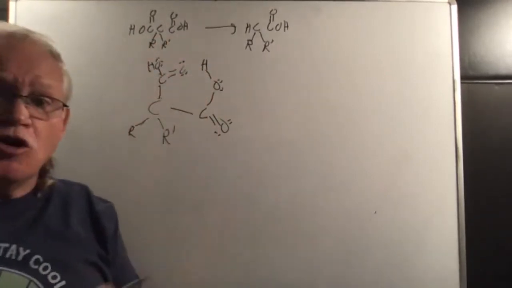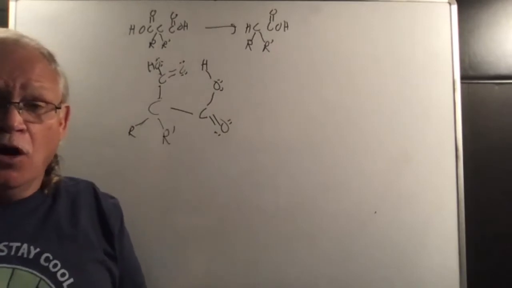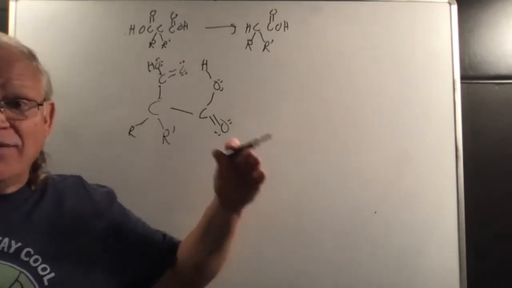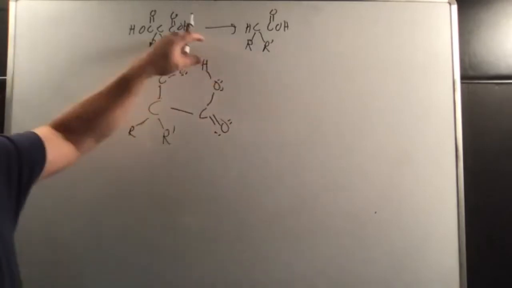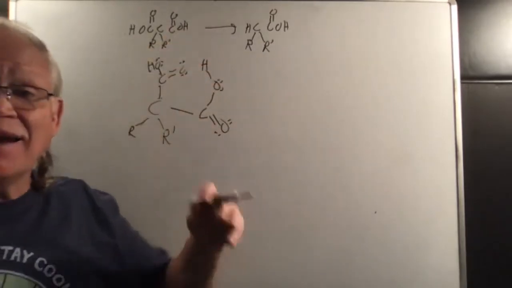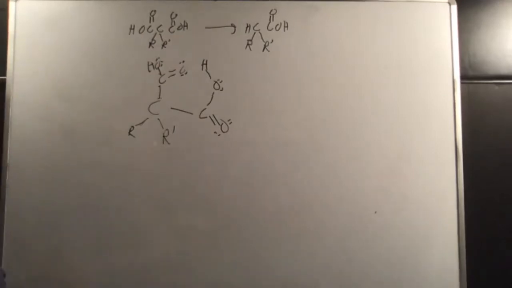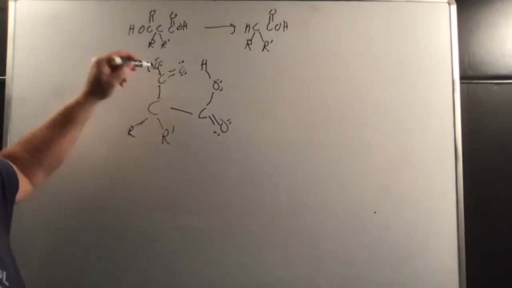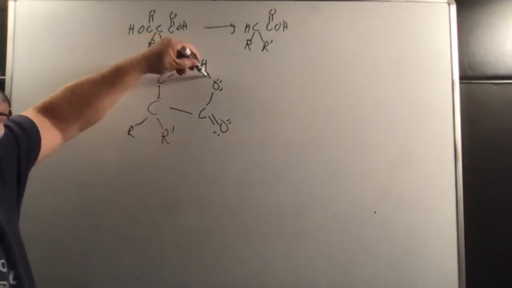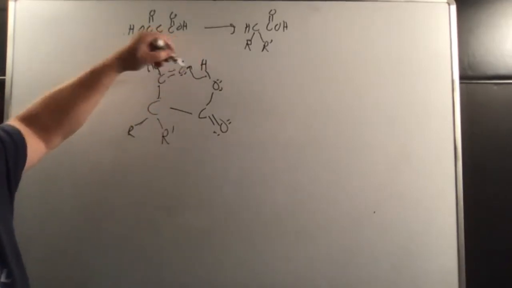Haven't we seen those before? So when you have these dicarboxylic acids, they like to form this cyclic conformation. Now notice what's going to happen. This pair of electrons is going to move over to here.